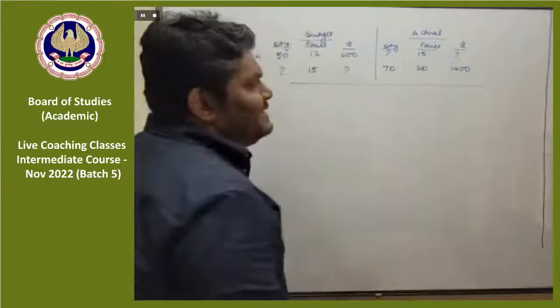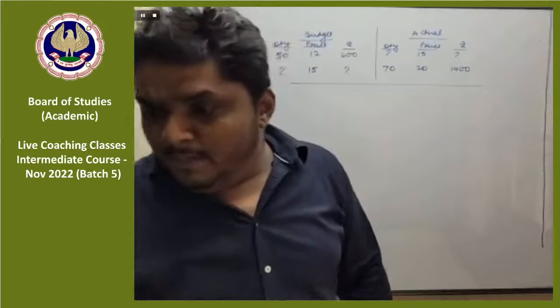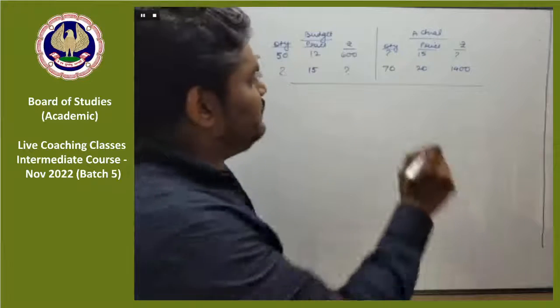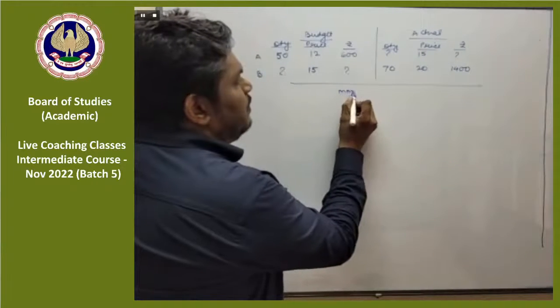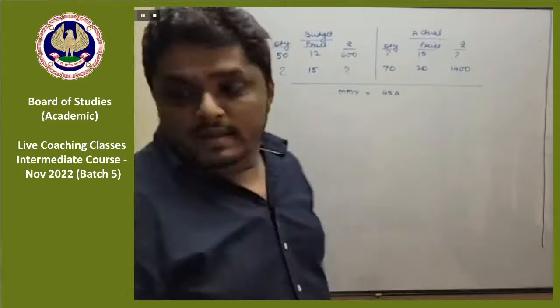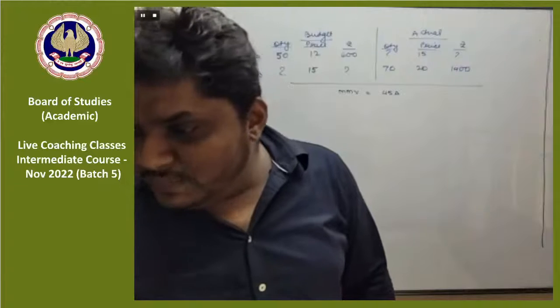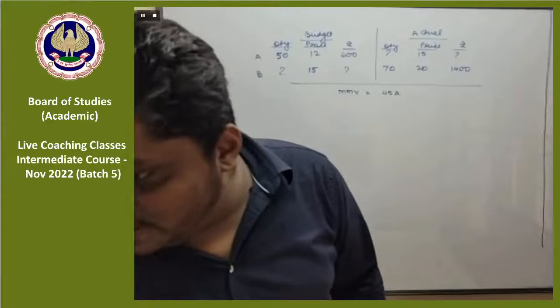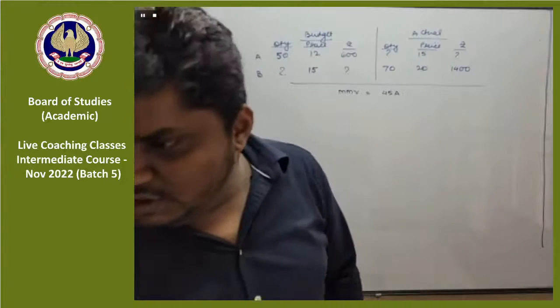Further, in this question, material mix variance is given, that is 45 adverse, and material usage variance for B is given, that is 300 adverse.